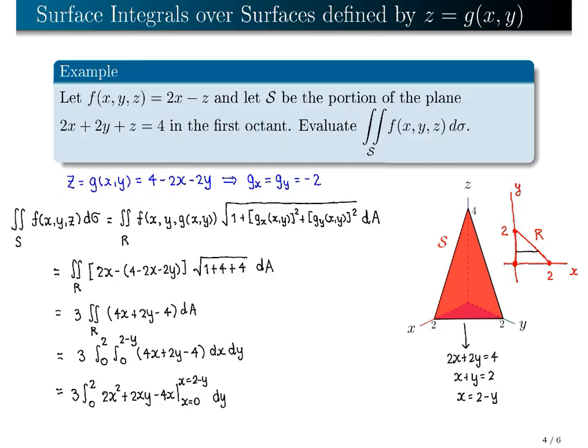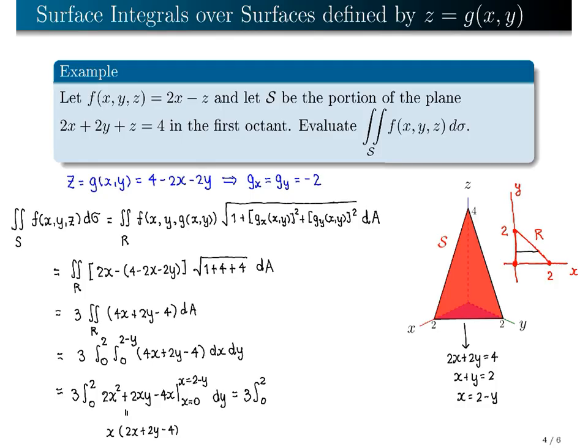Before we continue further, note that we can factor out x from this expression to obtain x multiplied by the quantity 2x plus 2y minus 4. Continuing, we now have 3 times the integral from 0 to 2.